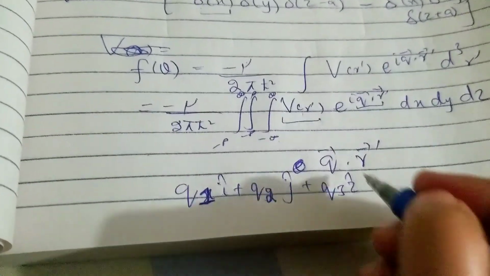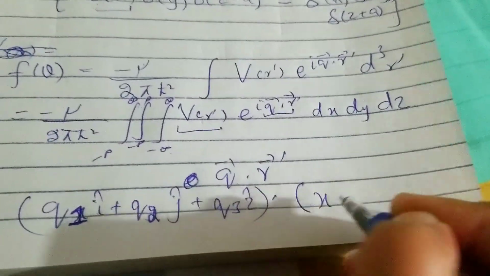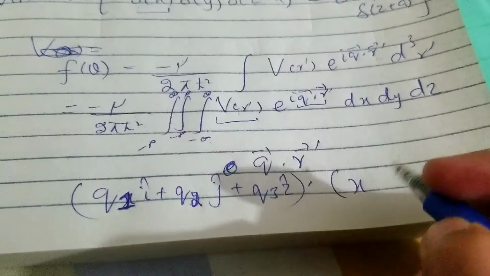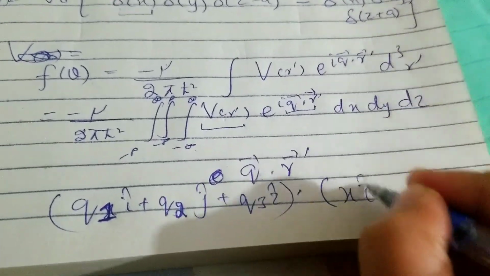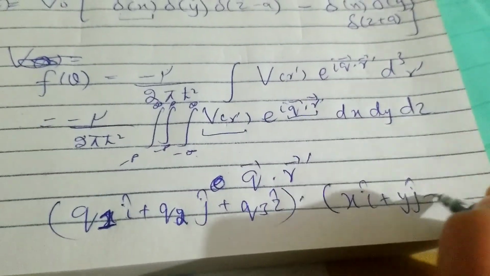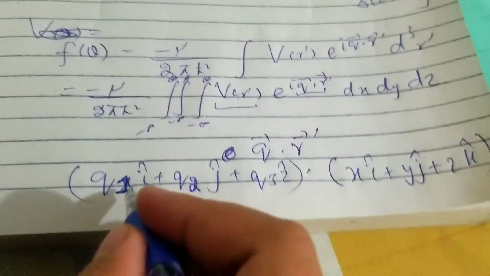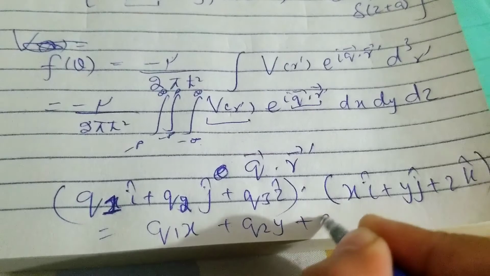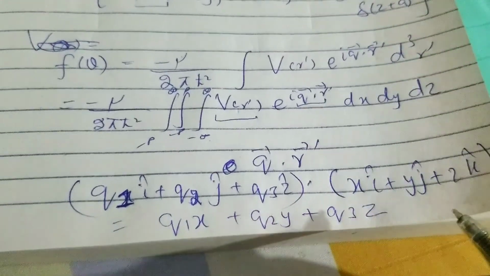Okay, that will make things easy for us, so that we may not confuse subscripts with the normal variable forms. And now this dot product comes out to be q1 x plus q2 y plus q3 z.